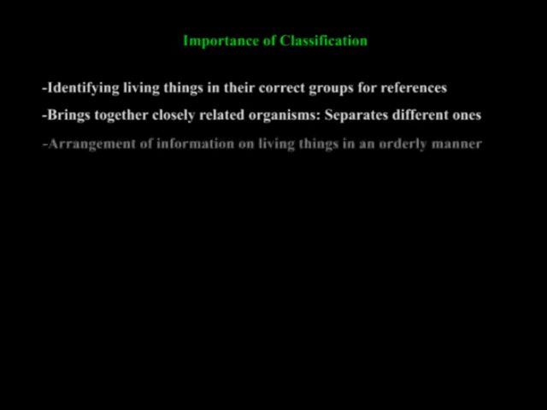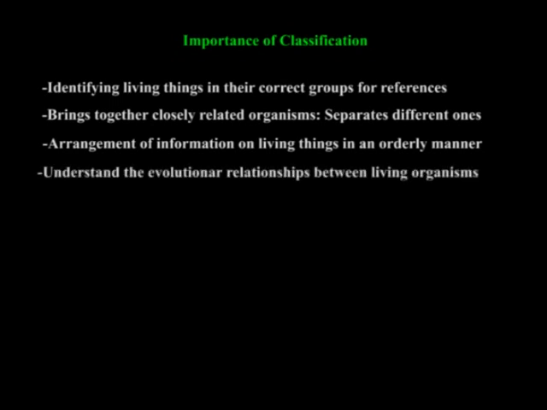It helps us arrange the information about living organisms in an orderly manner to avoid chaos and confusion that would arise if this were to be done arbitrarily. Finally, it helps us understand the evolutionary relationships between different organisms.